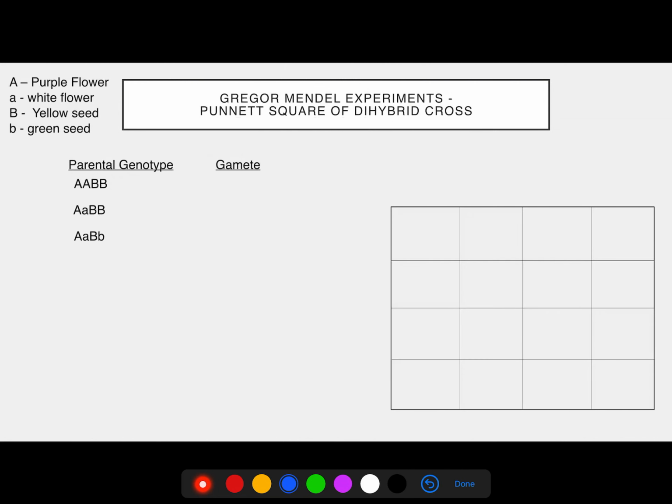All right. So the second thing that I want to show you is how to do a Punnett square of what we call a dihybrid cross. So dihybrid means you're looking at two gene types at the same time rather than just one.